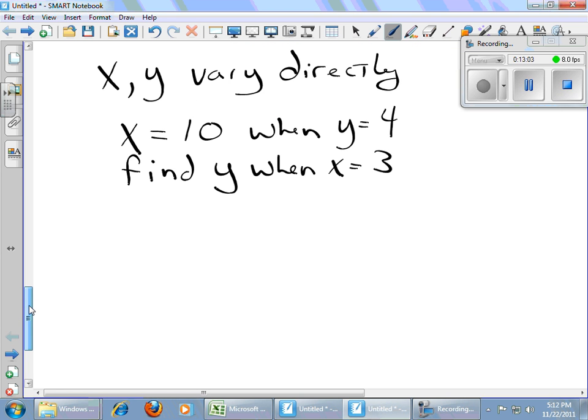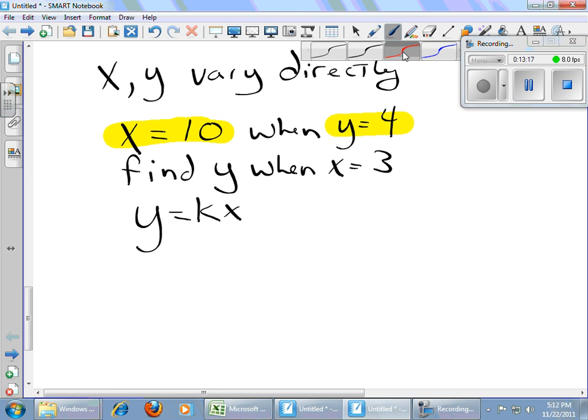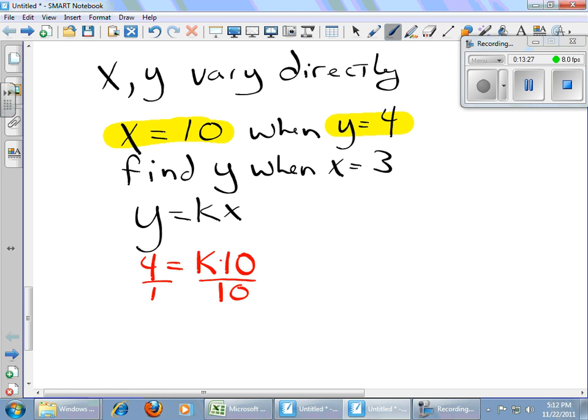The first one is going to use the x and the y that we know the values of, and I'll use it in my equation y equals kx. I'll fill in 4 for y, k I'm looking for, and 10. All right, I'll divide each side by 10. Okay, and I'll get k will equal 2/5 because I simplified it, or you could give me 4/10 that way. Either one of those answers is good.